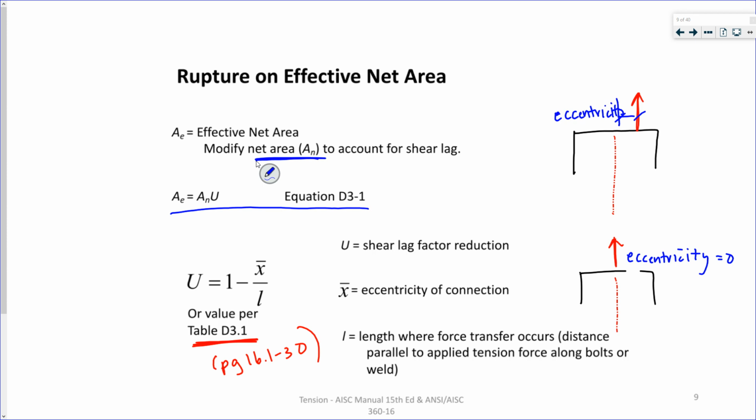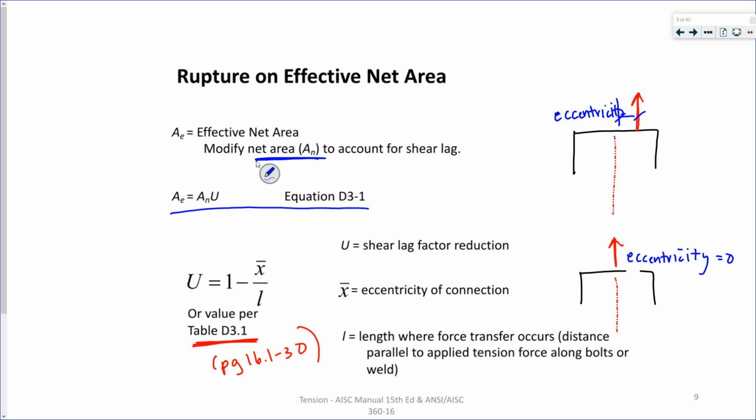If you remember, the longer a connection, the more time the force or stress has to disperse to the entire cross section. So if your length gets really, really big, if you look at this equation right here, then this starts to go to 0, and you have a shear lag factor of 1, and you don't really have to account for it.